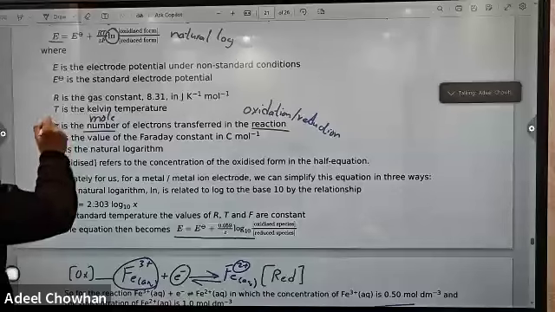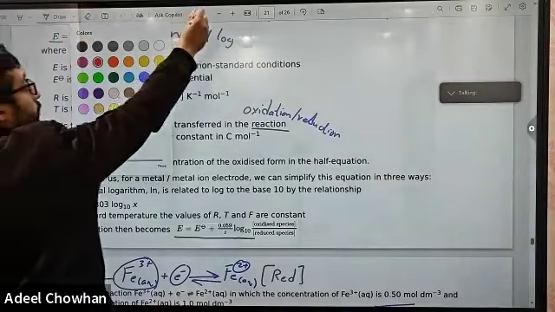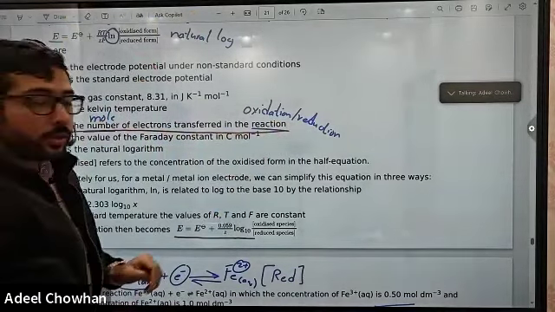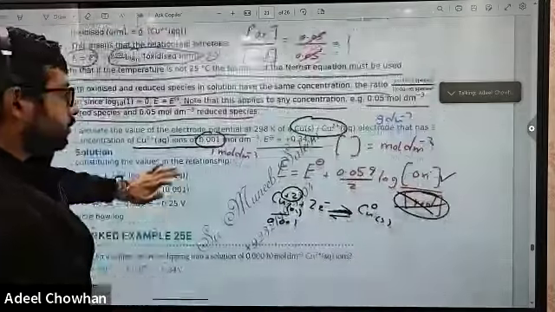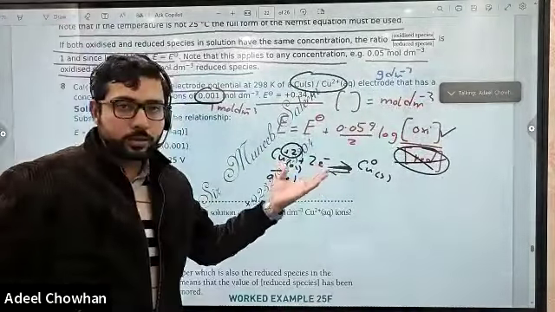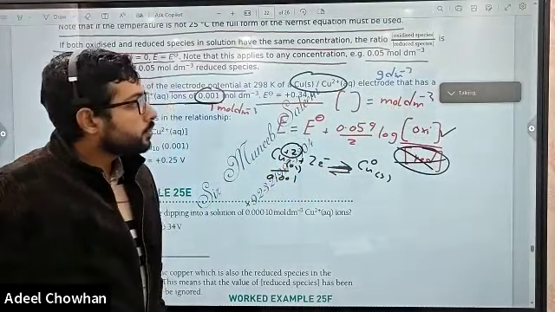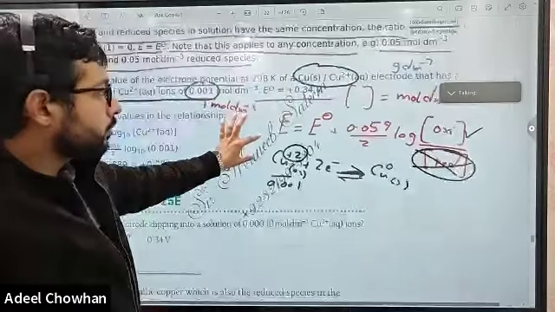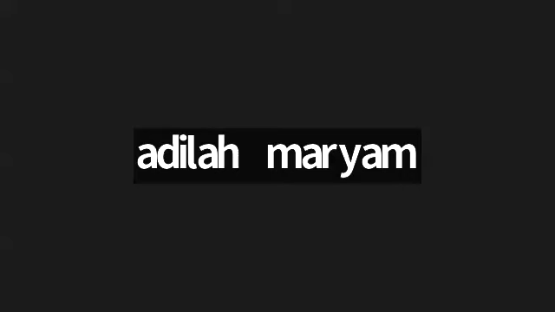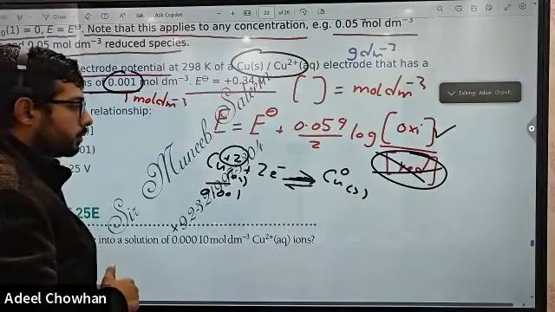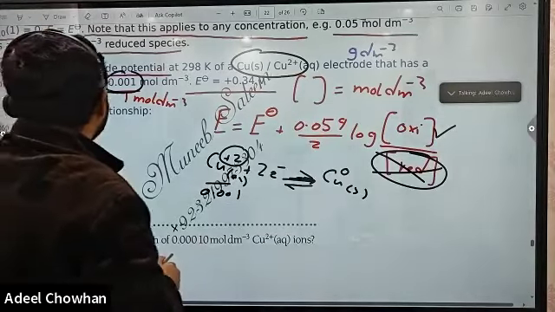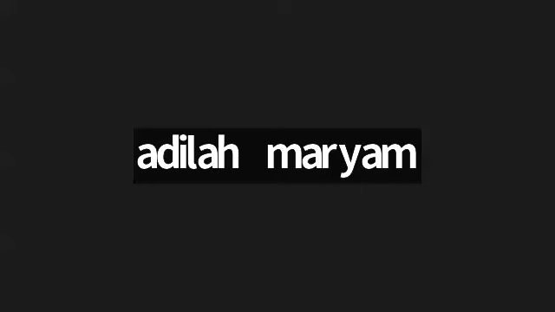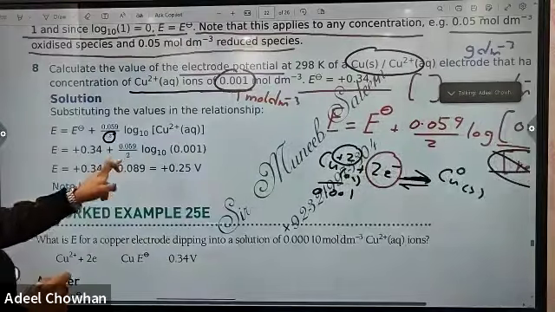We saw that this Z stands for the number of electrons in the reaction. Now come back to this reaction. How many electrons are involved in this reaction, Nadila? 2 electrons, which means the value of Z will become 2. So we put the value of 2 here.